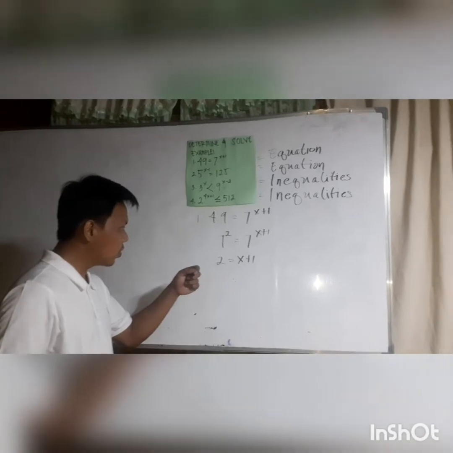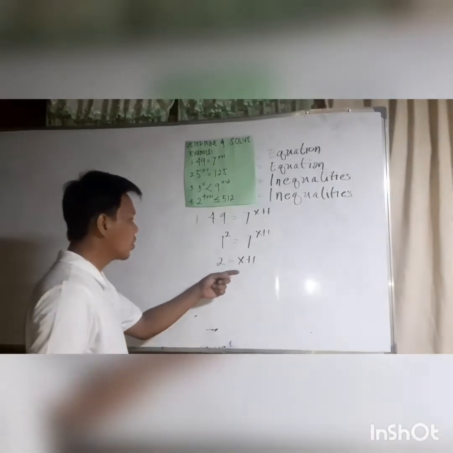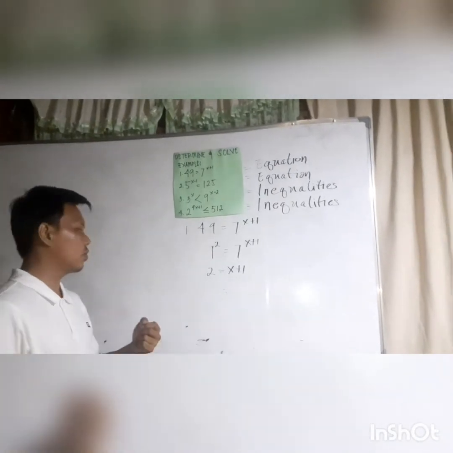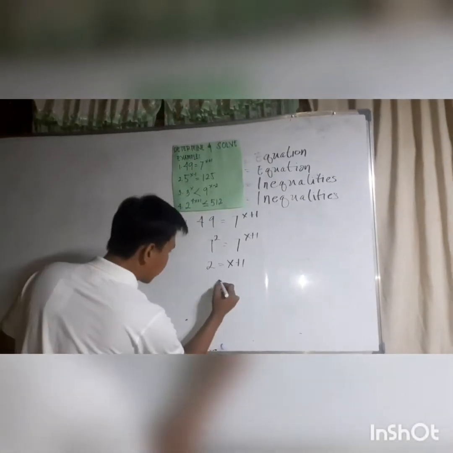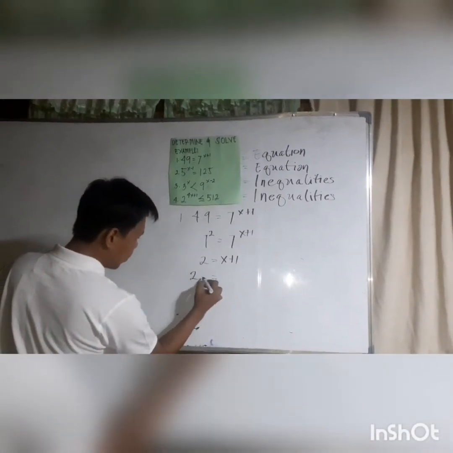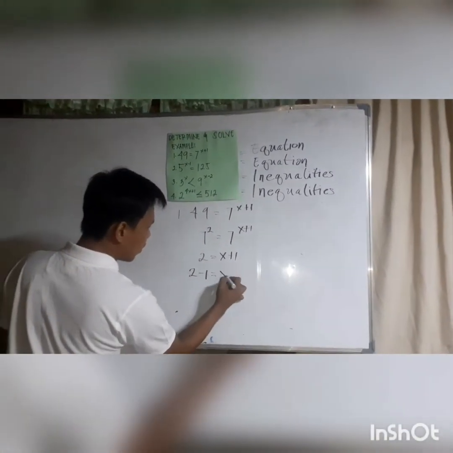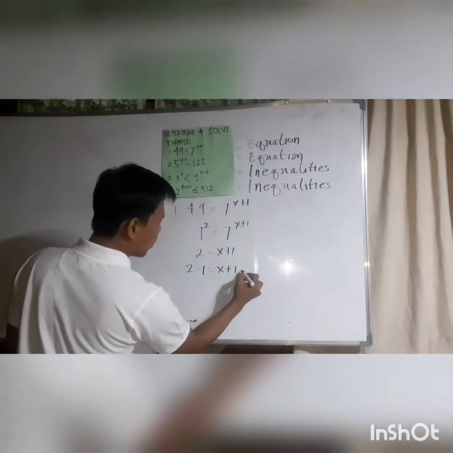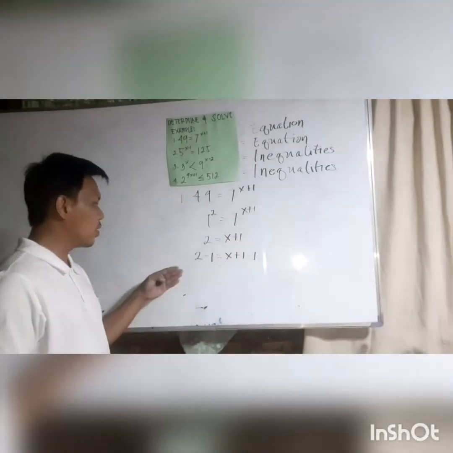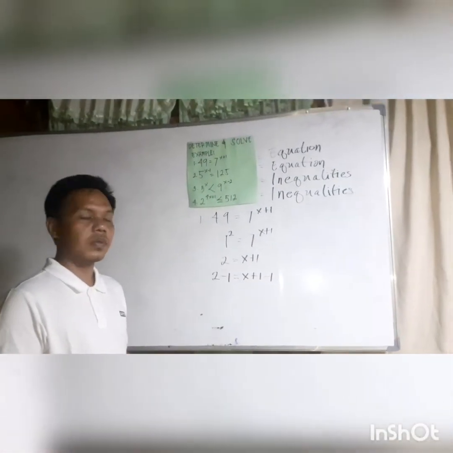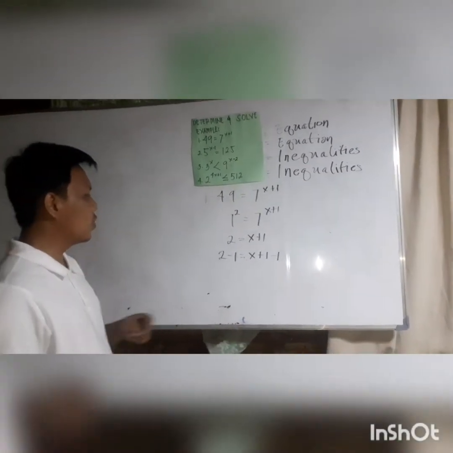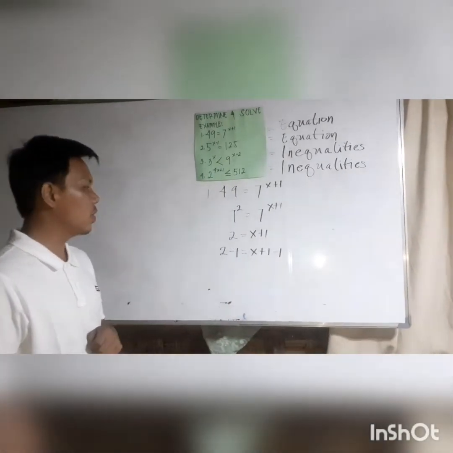So now we should make this x alone. How? We subtract 1 from both sides: 2 minus 1 and x plus 1 minus 1. We add the same value to both sides, which is negative 1, to eliminate this positive 1.